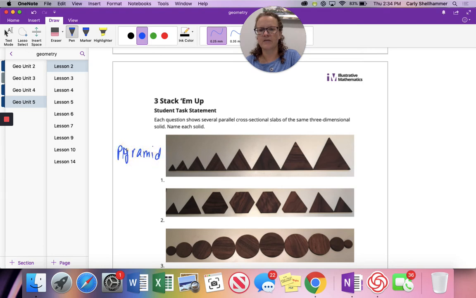Here we have a pyramid. We would take each triangle and stack from smallest to biggest, and we can get a pyramid. Honestly, I had students that would say, well, if I do the biggest and then some smaller ones, then some bigger ones again, it wouldn't be a pyramid.